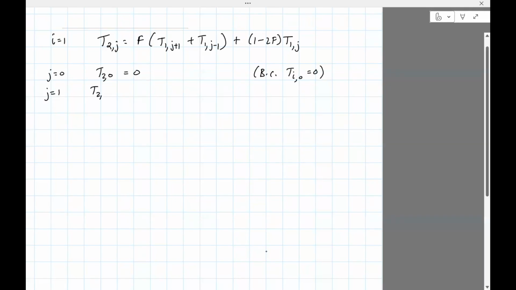That would be T2,1 equals F times T1,3, sorry, this should be 2. j plus 1, so 1 plus 1, 2, plus T1,0, plus 1 minus 2F times T1,1, j is 1.